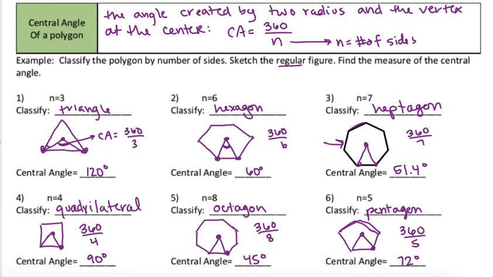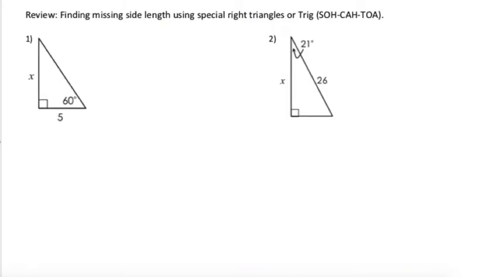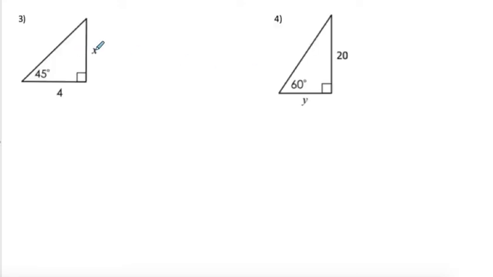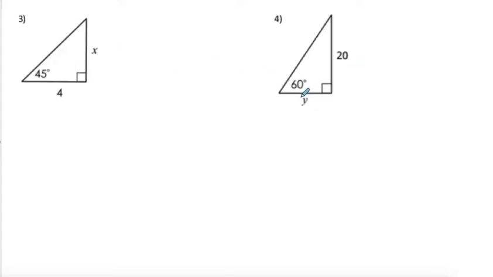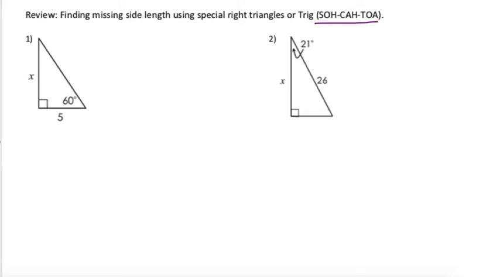and we know we're drawing in that central angle correctly. The second part of today's lesson is reviewing using special right triangles or trig. So each one of these has a missing piece, and whether it's a special right triangle or trig, what can always work is trig. So a special right triangle is meant to be fast if you know those patterns.